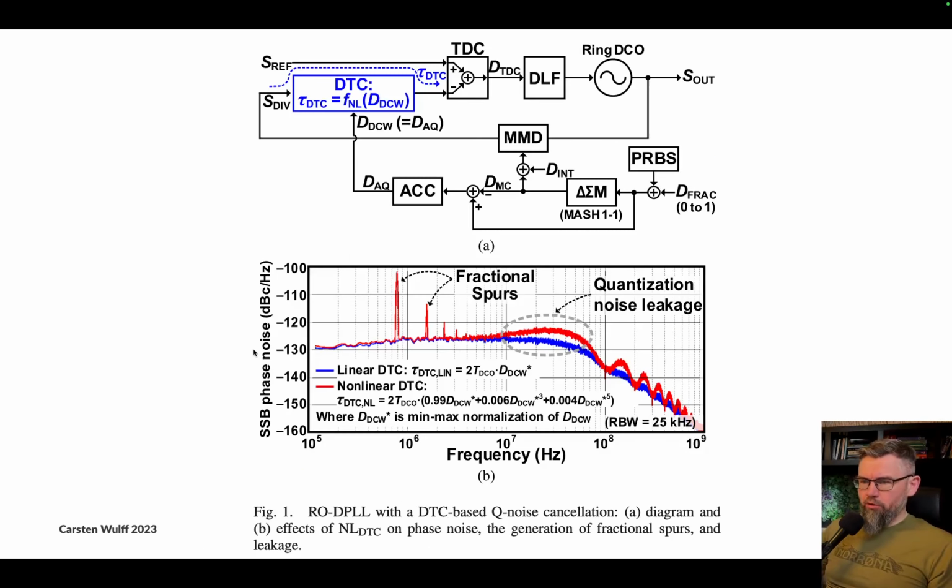PLLs have a couple of problems. One of them is that what we actually want is a very clean clock. But we have a system with clocks inside it, 16 megahertz. We have maybe a fractional loop sigma delta that moves around, and those generate unwanted frequency components, which we call fractional spurs. Now, there's also a noise floor here, and the noise floor needs to be a certain level for different applications.